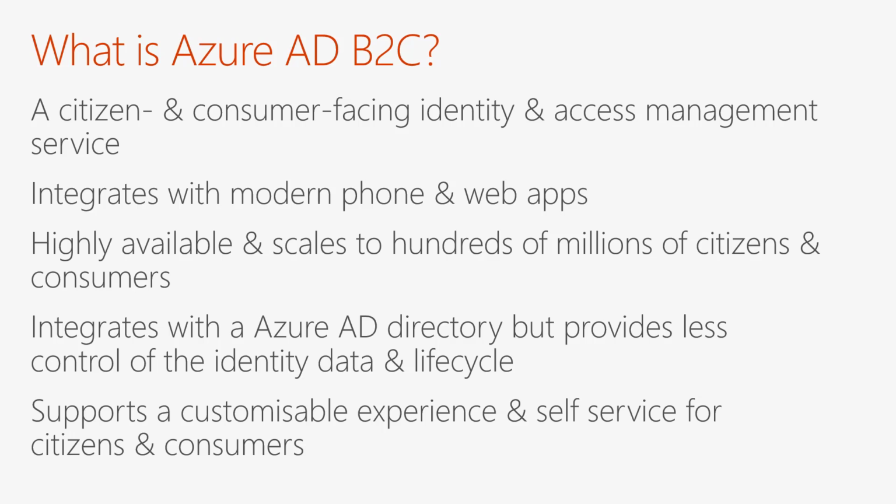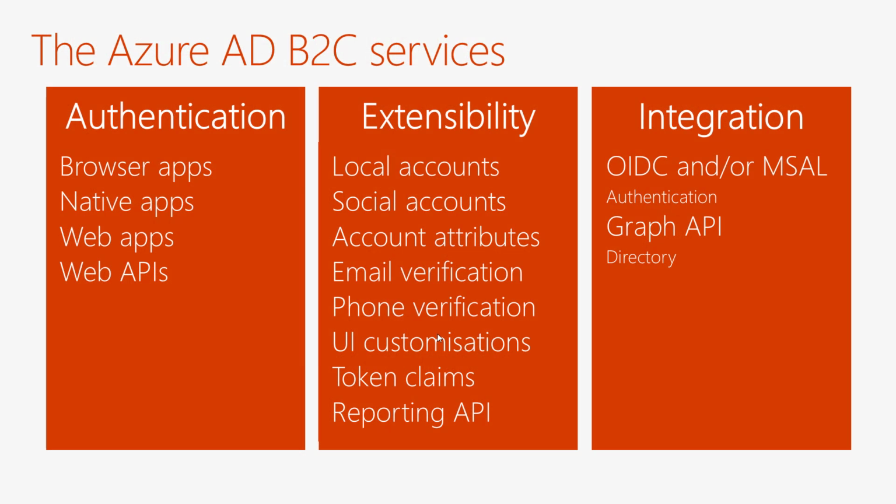Also because it's backed by Azure Active Directory, it provides the best security possible in the identity world, because it's backed by Microsoft security at the end of the day. Azure Active Directory B2C provides a separate set of services basically. It provides authentication to browser apps, native apps, web apps, and web APIs.